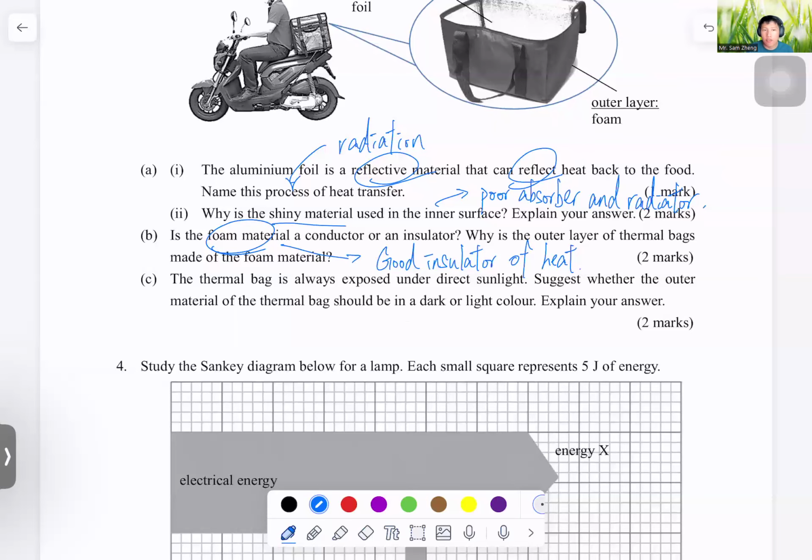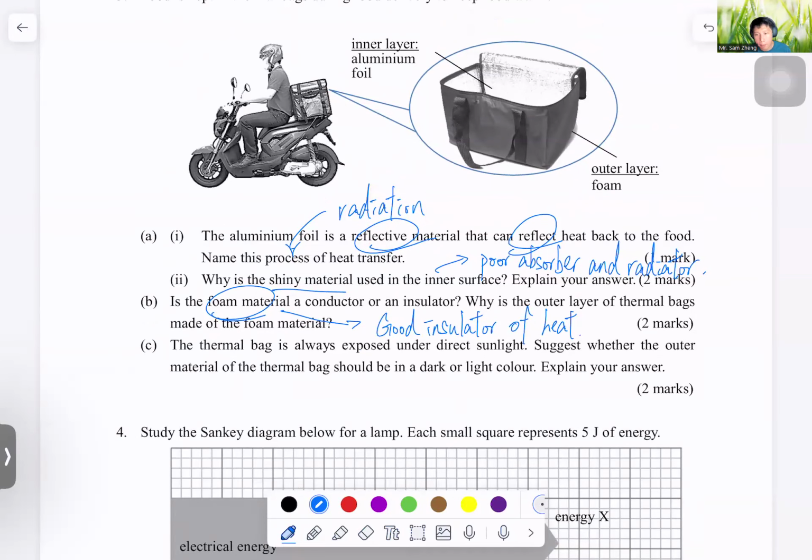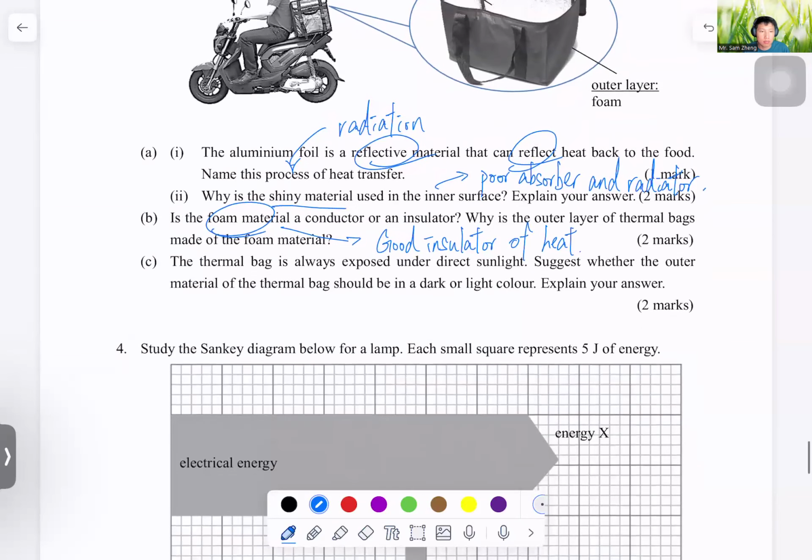So remember, why do we need to use the thermal bag? Because sometimes we would like to keep cold food, or food that is at a cooler temperature, or we do not want the temperature to change a lot, vigorously, changed by environmental factors or by the room temperature.